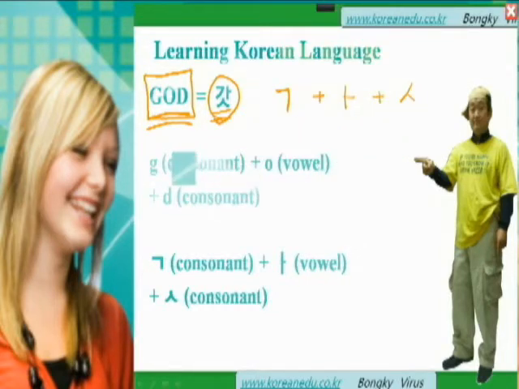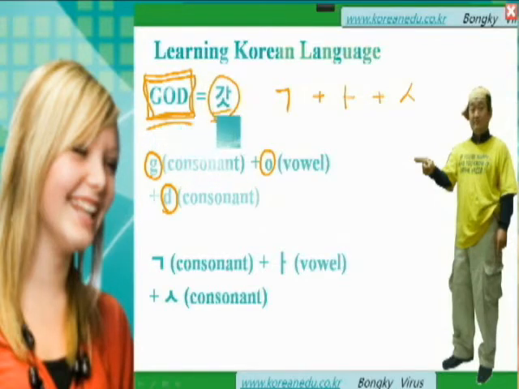Let's see the English word God first. The consonant G plus vowel O plus consonant D. The three alphabets compound together and it makes the meaning God and the sound God.